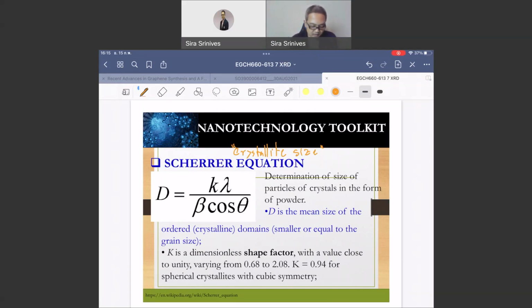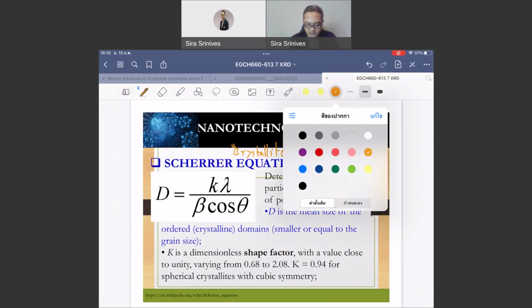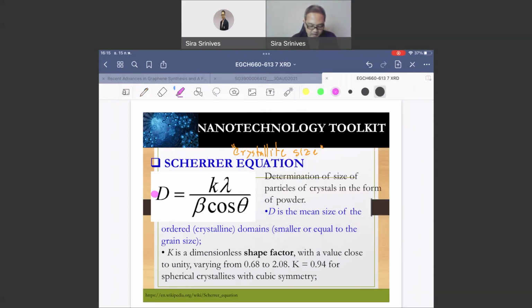The crystalline size is the average number of the grain size, and it is represented by the Greek letter tau, the crystalline size of the crystalline domain. And K is the dimensionless factor, or the shape factor, which for a spherical shape would be close to 1.